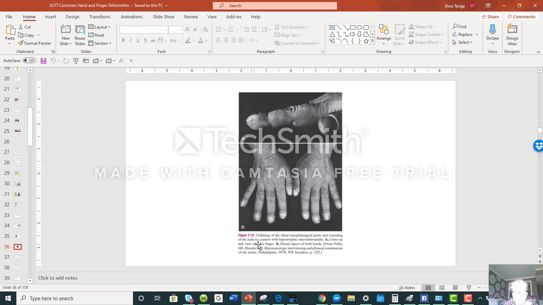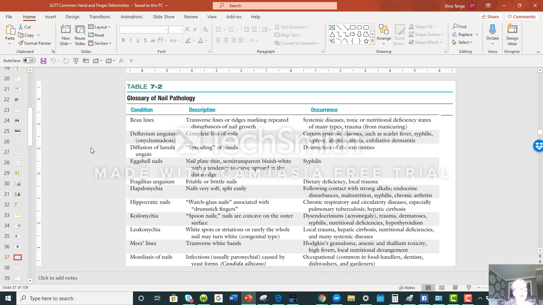Close-up side view of the index finger. And then B is the dorsal aspect of both hands. Wow. I've seen fingers, the nail bed, similar to that, but interesting. Okay, table 7.2, glossary of nail pathology.